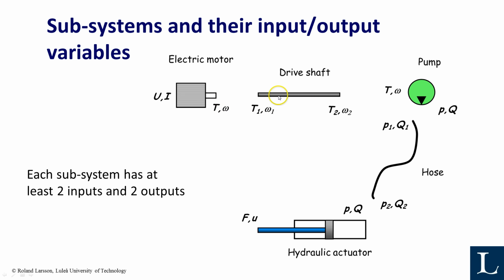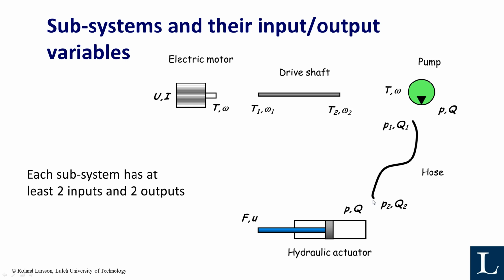The drive shaft is more of a mechanical component with torque and rotational speed at both ends. The pump transforms the torque and rotational speed to pressure and flow. The hose is like the drive shaft, it just transfers, or transmits, maybe that's a better word, the pressure and the flow to the other end of the hose.